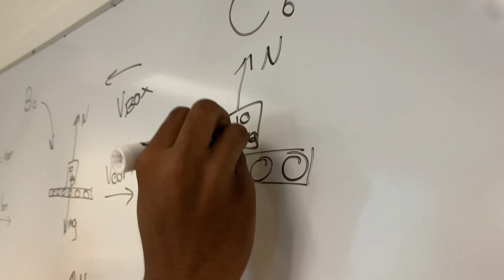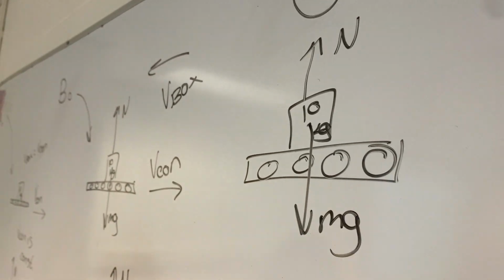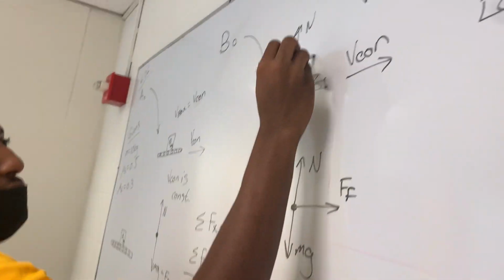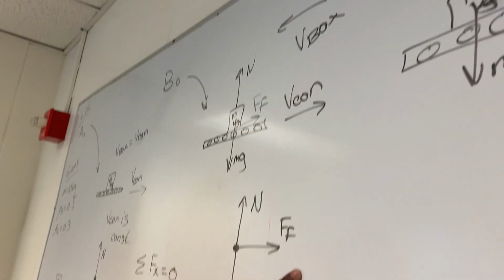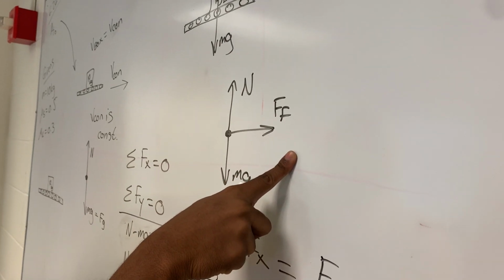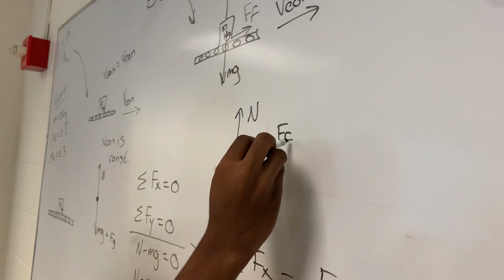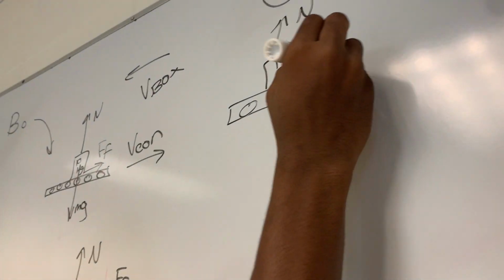We have normal, mg from the center of mass, and it's still going to have that coefficient of friction, which was in this problem. But instead of it being kinetic, this one is static.